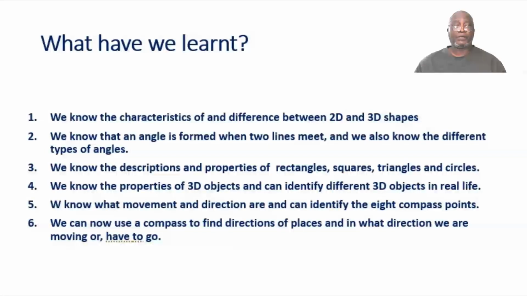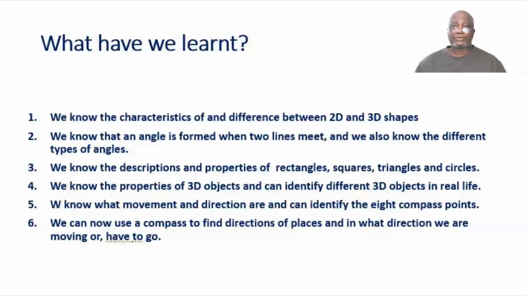What have we learned? We know the characteristics of and difference between 2D and 3D shapes. Remember, characteristics means the properties it has that make you able to identify them, like their angles, their shapes, their sides, and so on. We know that an angle is formed when two lines meet, and we also know the different types of angles.